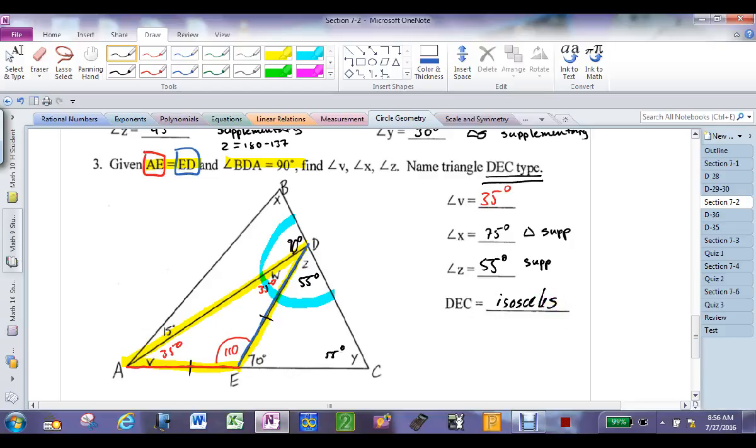Okay. Your work time. Of the 4 puzzle sheets you have, really the only ones you need to do are 35 and 36. These two.